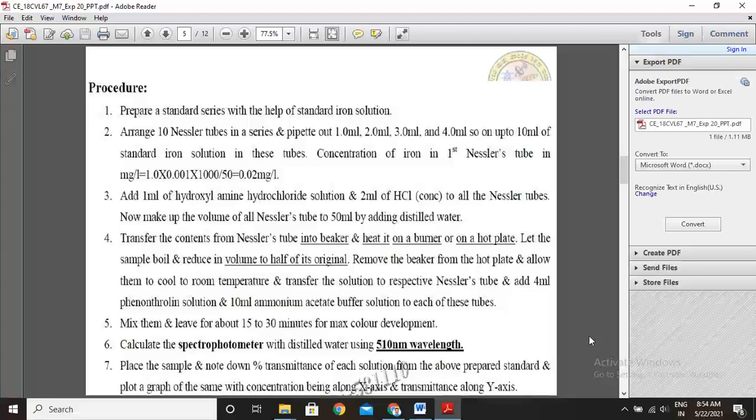Okay, transfer the contents from Nessler tubes into beakers and heat them on a burner or on a hot plate.